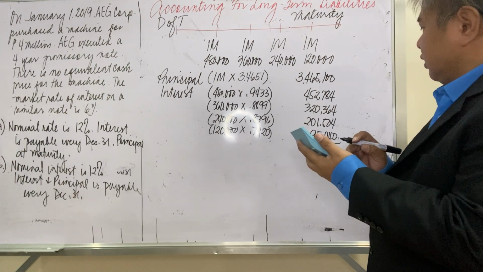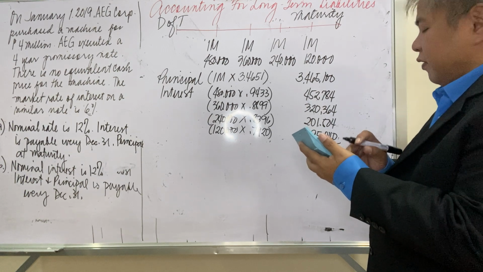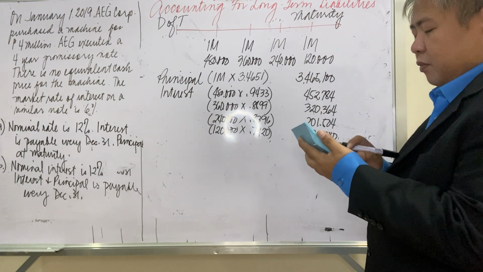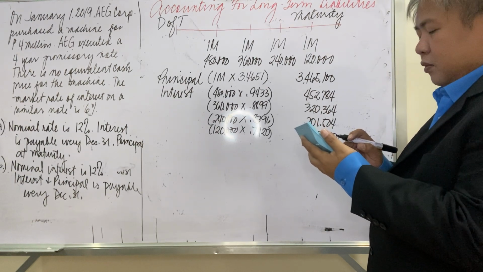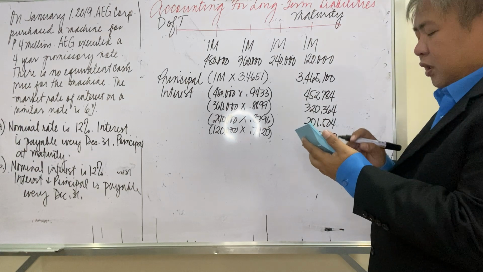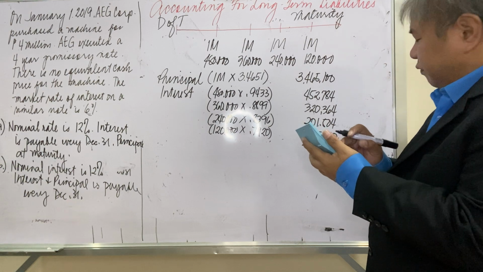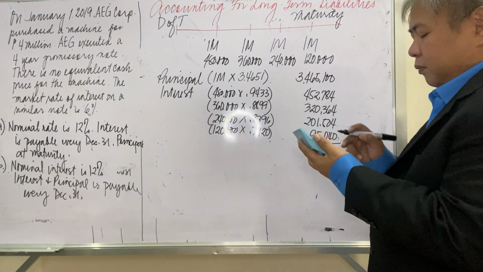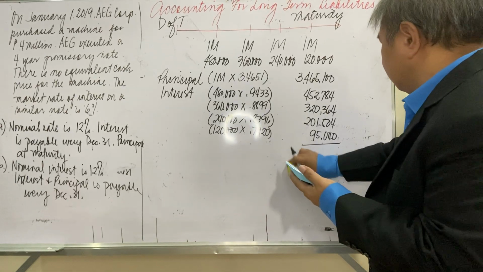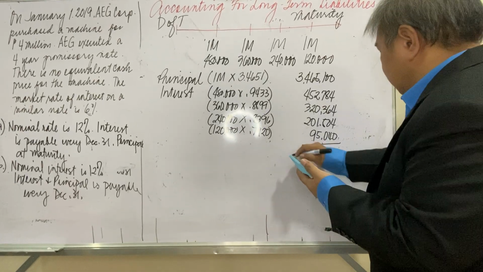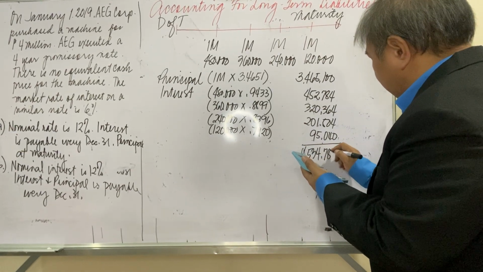So therefore, the total of all of this is 3,465,100 plus 452,784 plus 320,364 plus 201,504 plus 95,040. So this is 4,534,789.